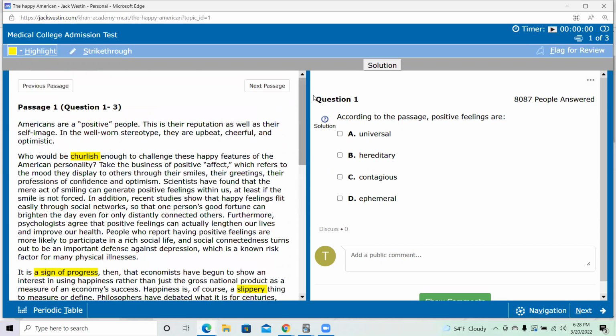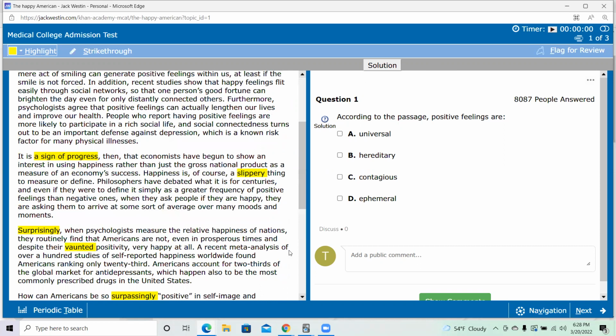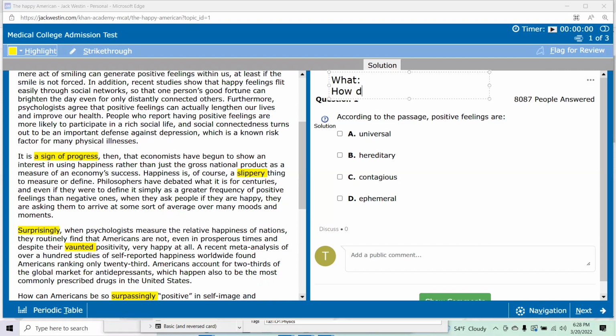Now we do the first part of our CARS practice, and that is basically we need to put an idea of how the author feels about what he's talking about, right? So what is this passage talking about, and how does he feel?